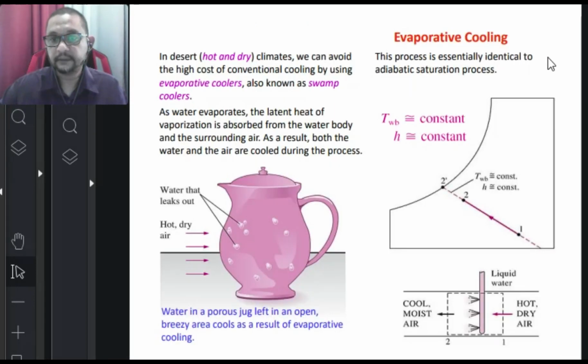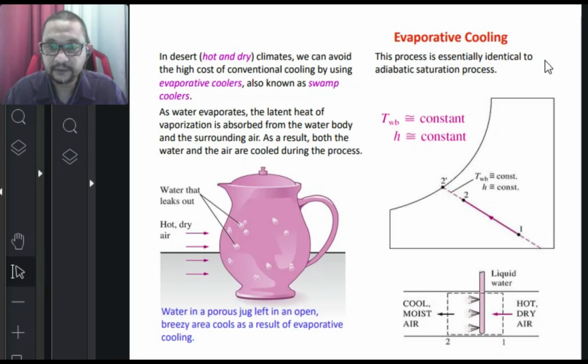This is an example: in the desert, that means hot and dry climates, we can avoid the high cost of conventional cooling by using an evaporative cooler, also known as a swamp cooler that I have mentioned.